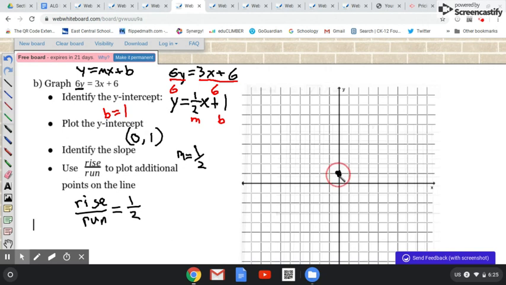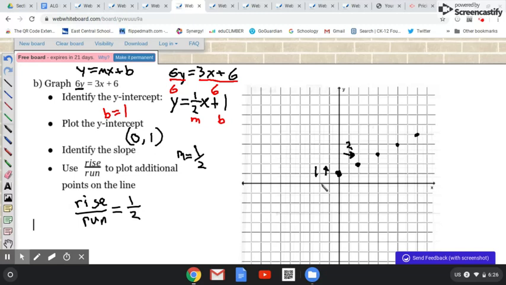So from our y-intercept, I'm going to go up 1 unit, and I'm going to go to the right 2 units. Up 1 over 2, up 1 over 2, and continue the pattern that way. Going back to the y-intercept, I can reverse it.